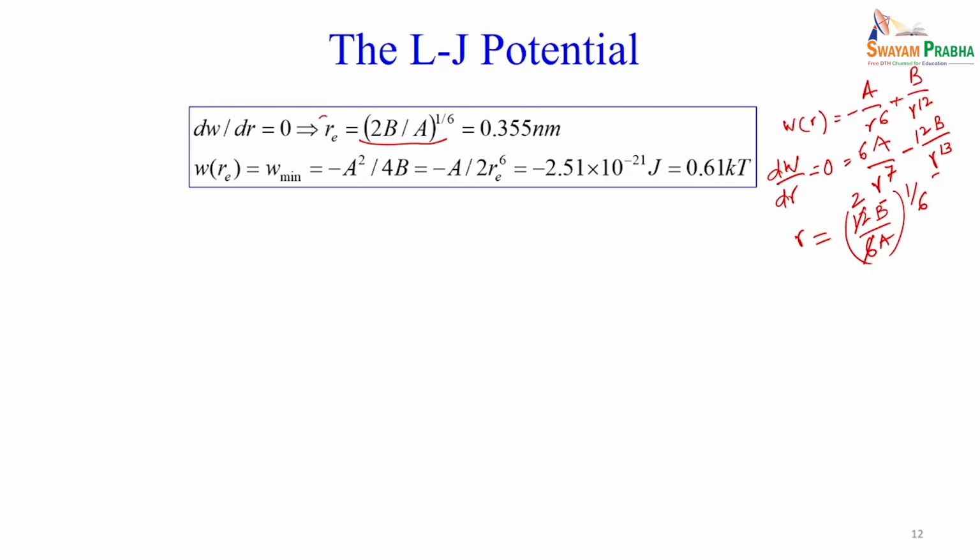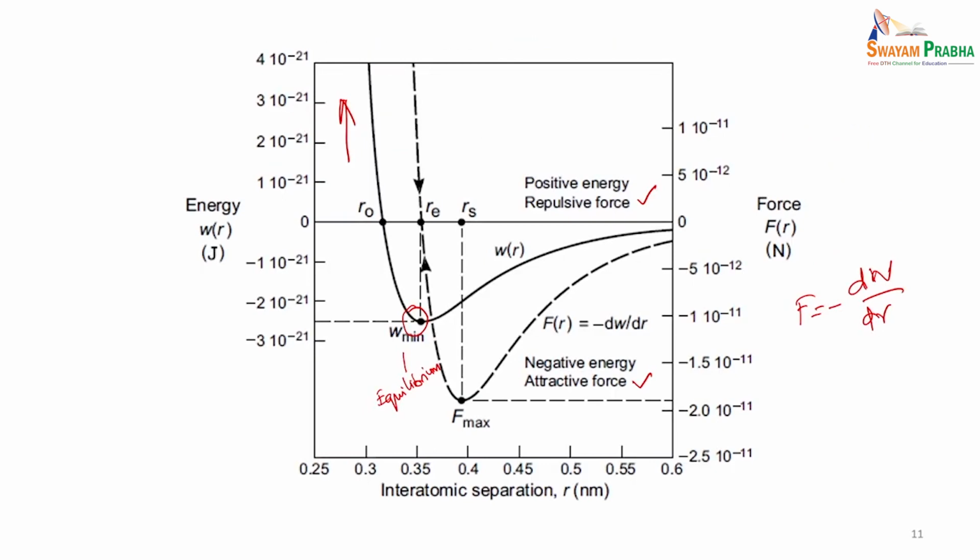This is also called the r_e, equilibrium. As I told, where the minimum energy comes, that is known as the equilibrium point. So, it is coming 0.355 nanometer.